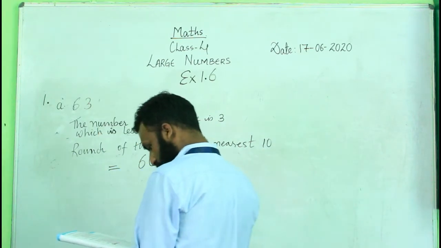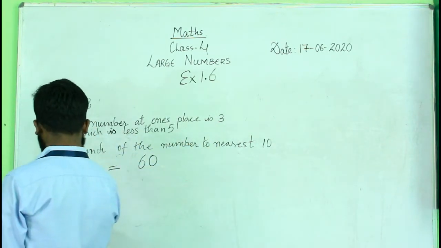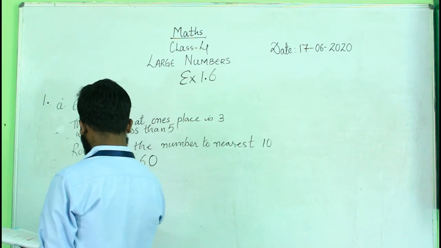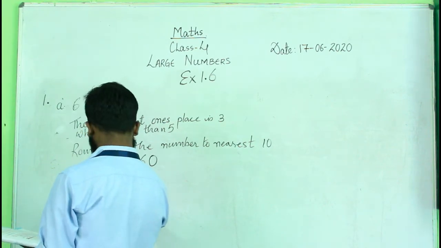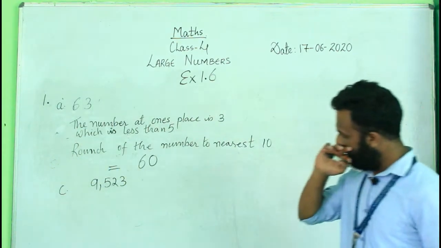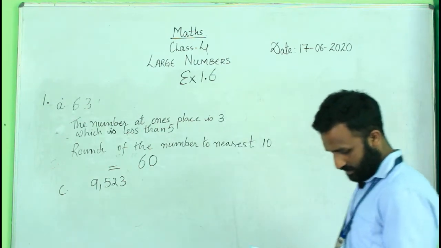Now let's do the next question. Number C I will do. In number C we have 9523. Same way, it is saying round up to the nearest 10.